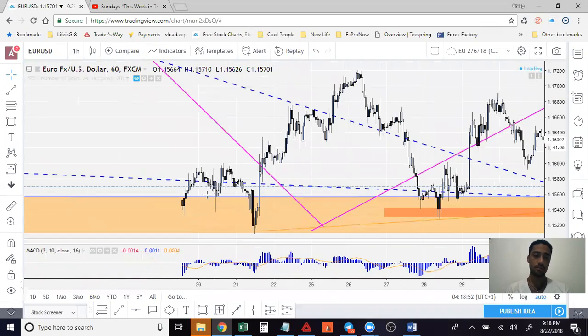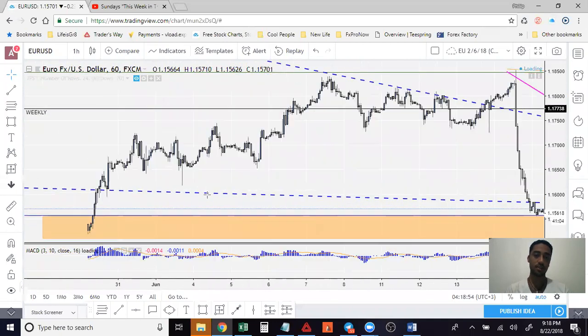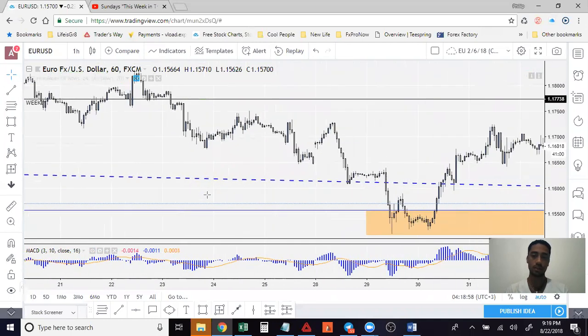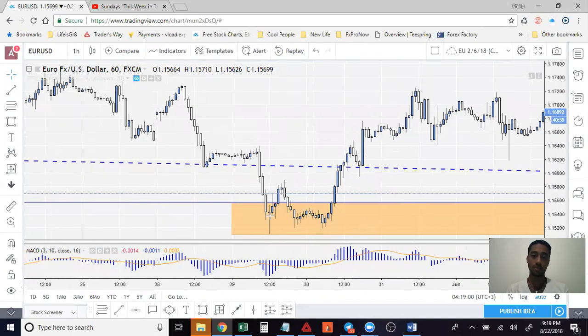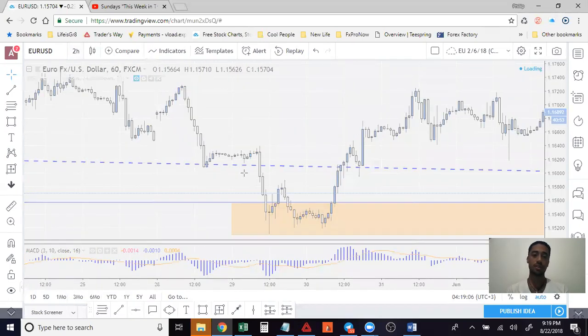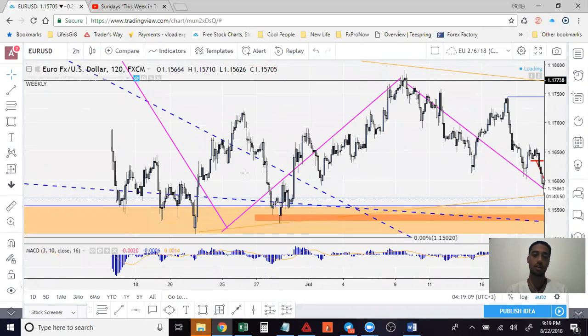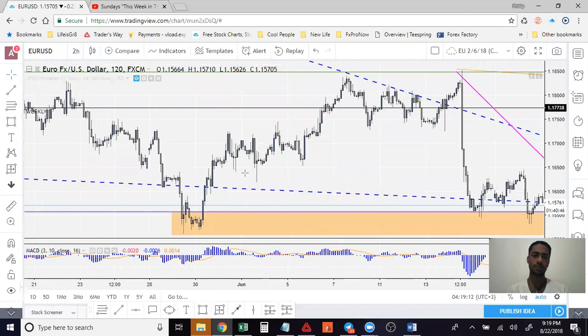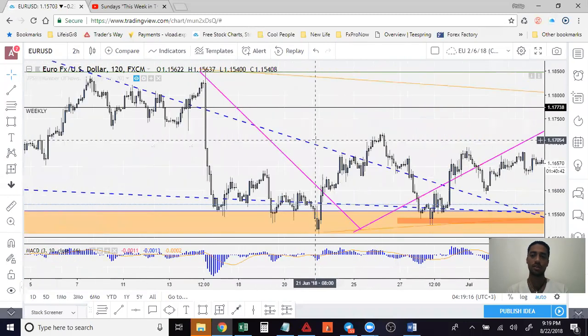Let's see. Anytime I go to a lower time frame down here, that's wild. I don't know what this was. It's most likely based upon the 2-hour chart. I know for sure this is based on something major.